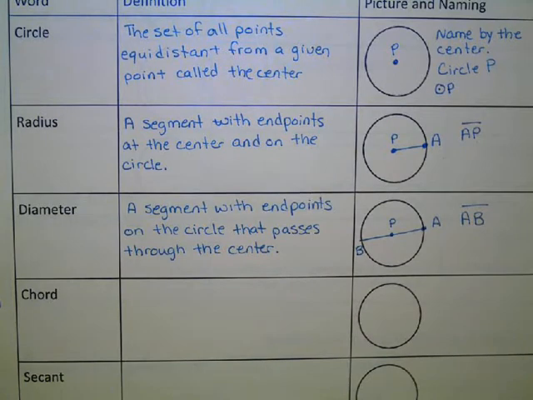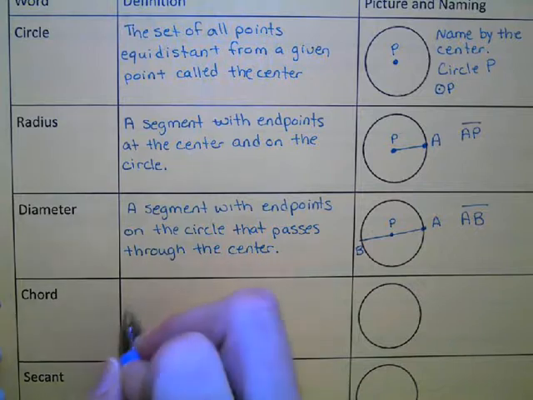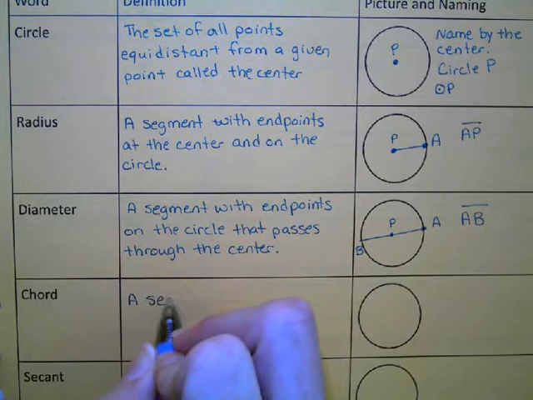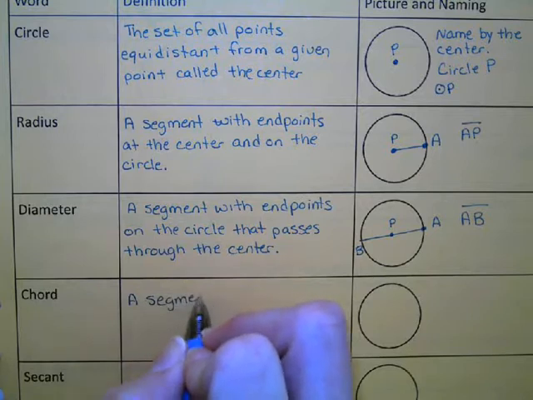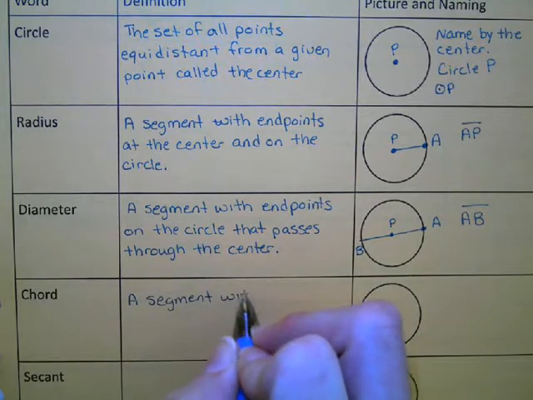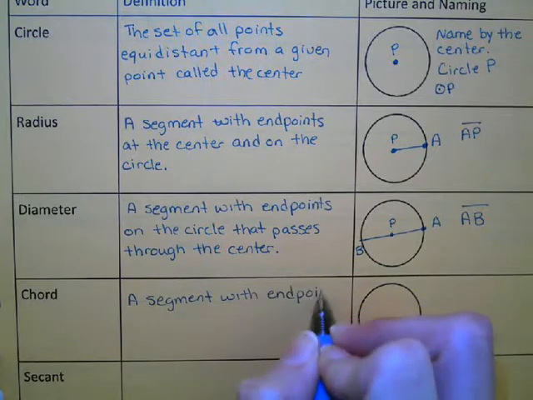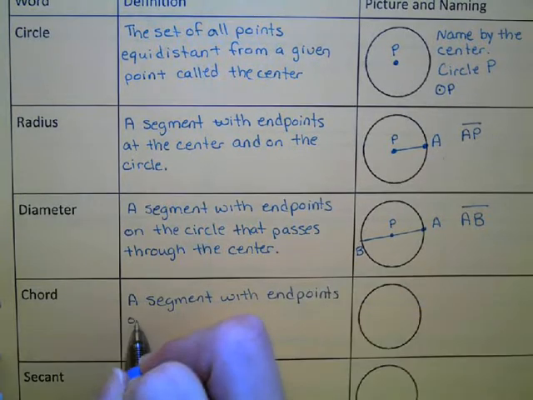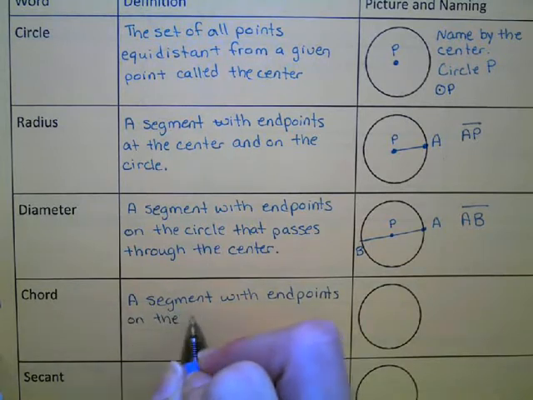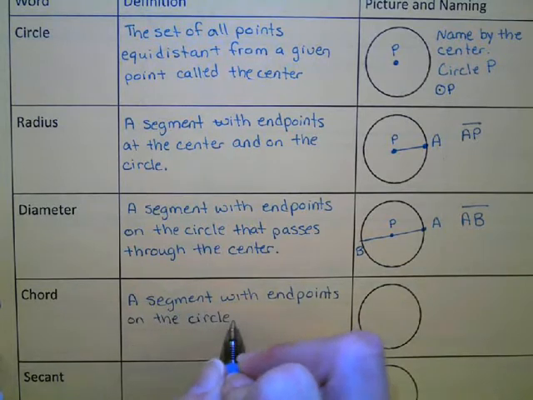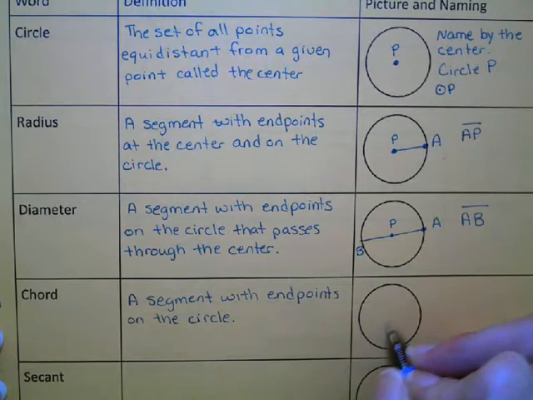A chord is another type of segment we have, which might be new to some of you. A chord is just a segment that has endpoints on the circle. This one does not have to go through the center, so we'll put the center as P still.